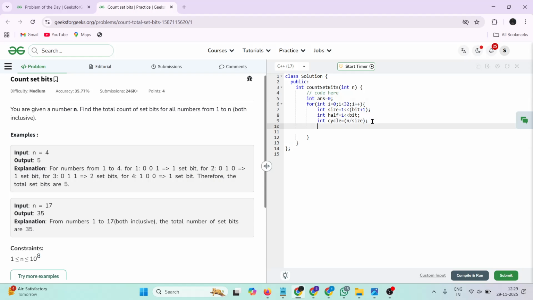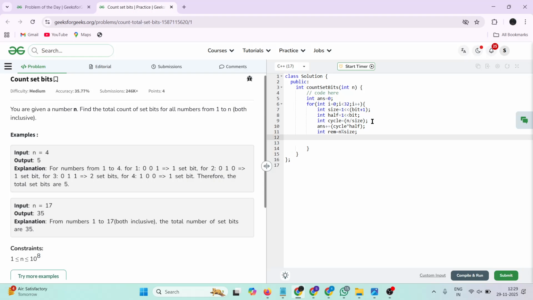Then answer plus equal to cycle into half, since each cycle is going to contribute half of its size. Now for the remainder: int remainder equal to n modulus size, so this is going to be the remainder.